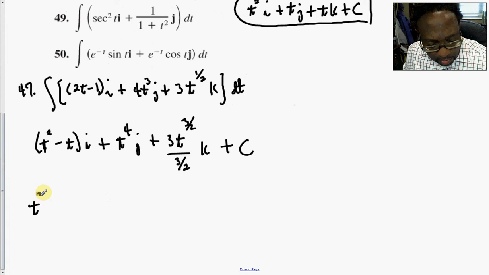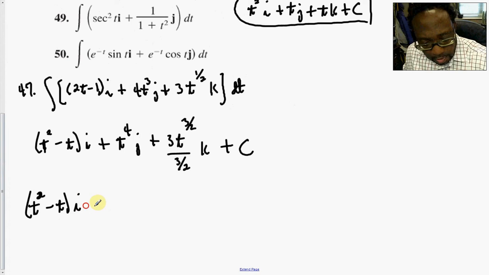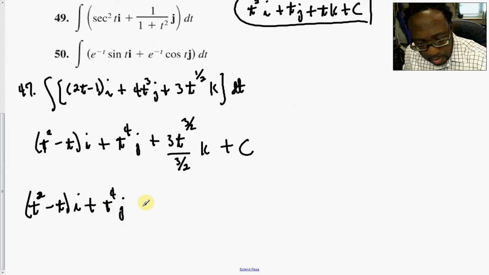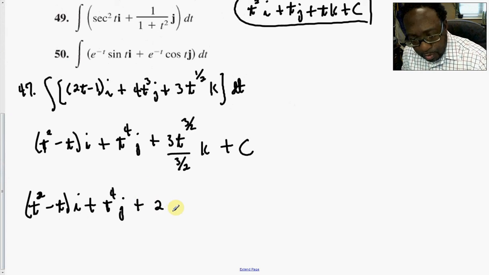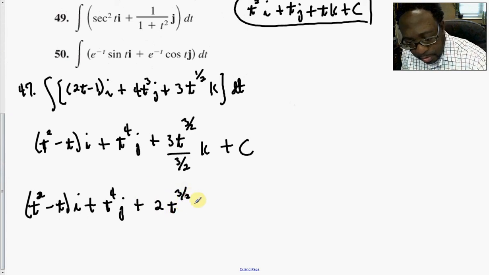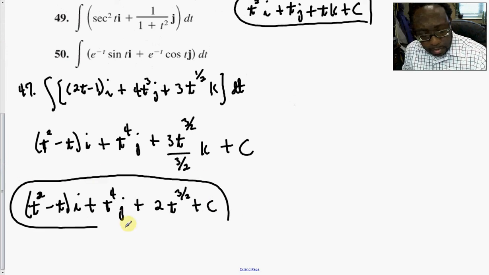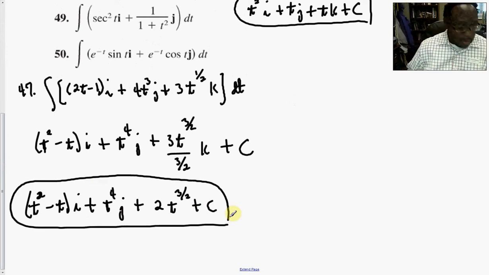So this is t squared minus t i plus t to the 4th j plus 2 times t to the 3/2 plus c. Now that's 47. What about 49?